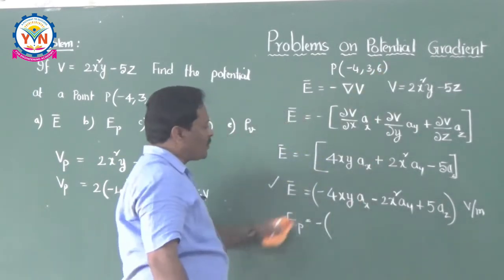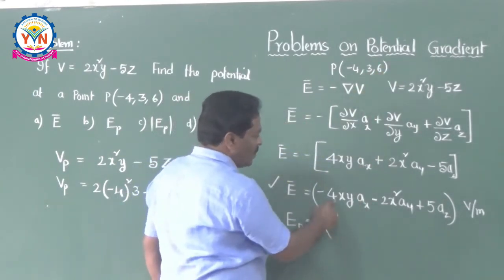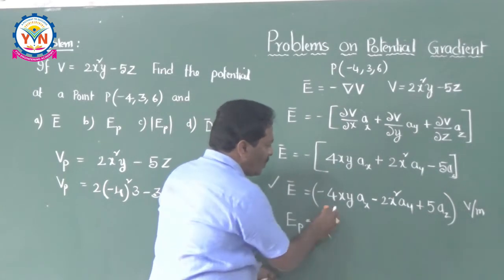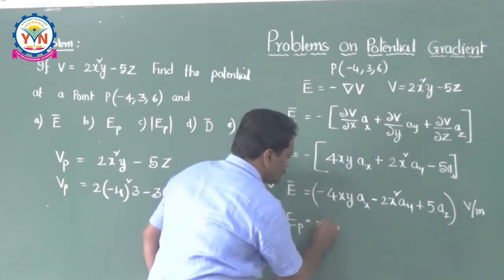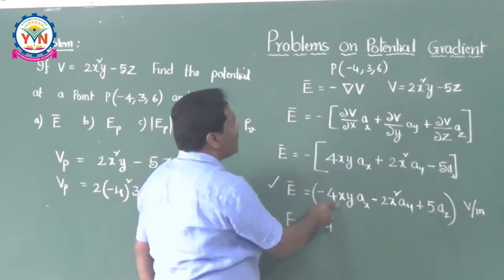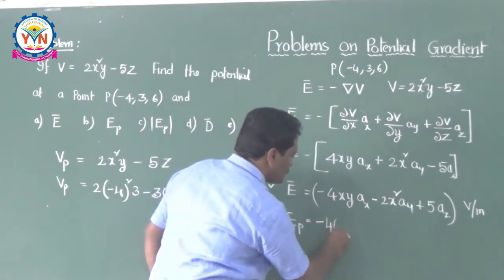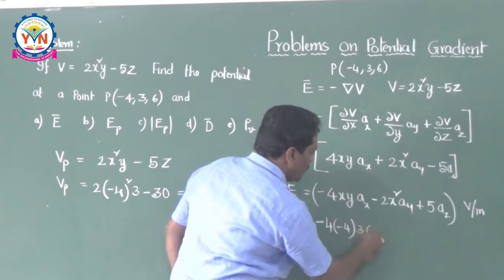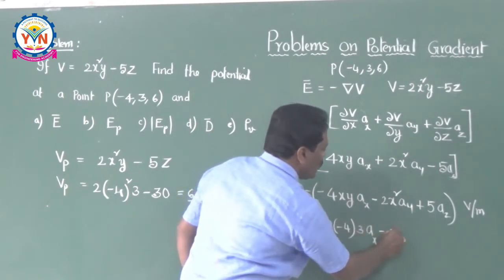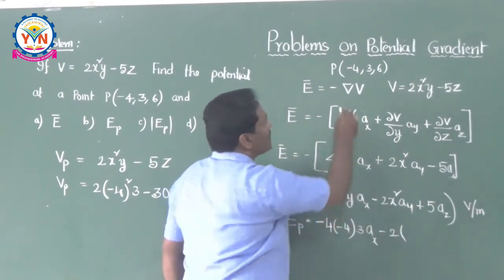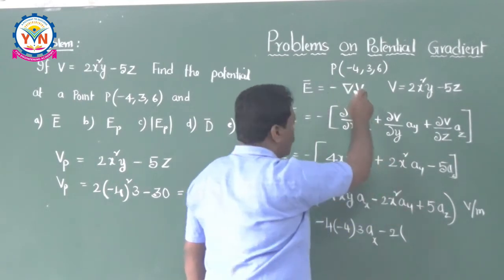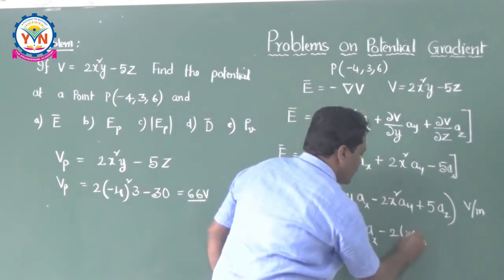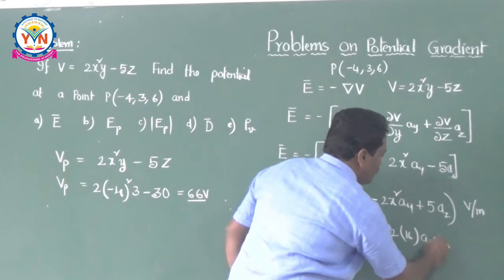Substitute here minus into 4, -4 into. What is x here? -4. And what is y? Y means 3 into Ax, minus 2 into. What is x square? X square means -4 whole square means 16 Ay plus 5 Az.